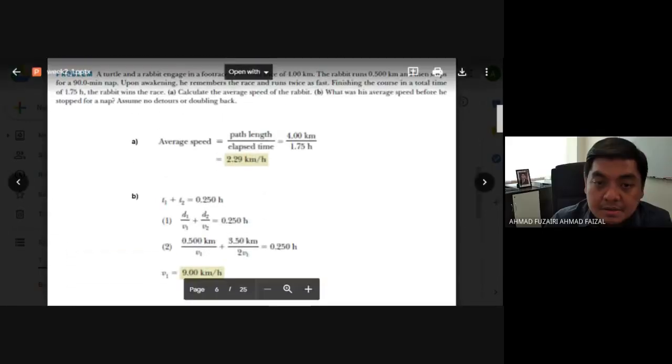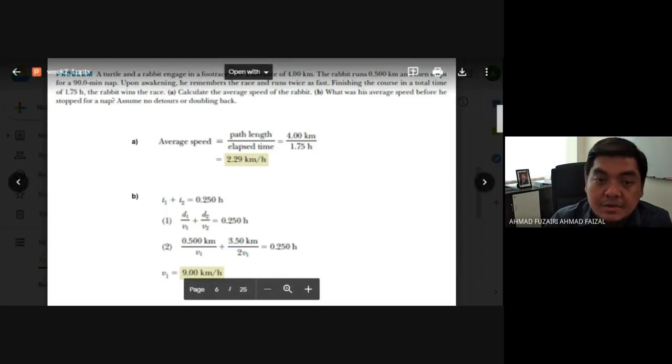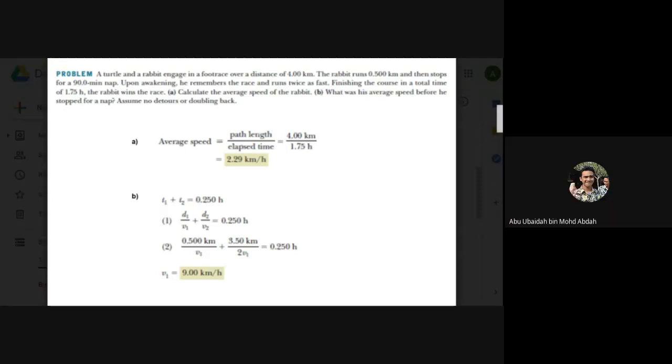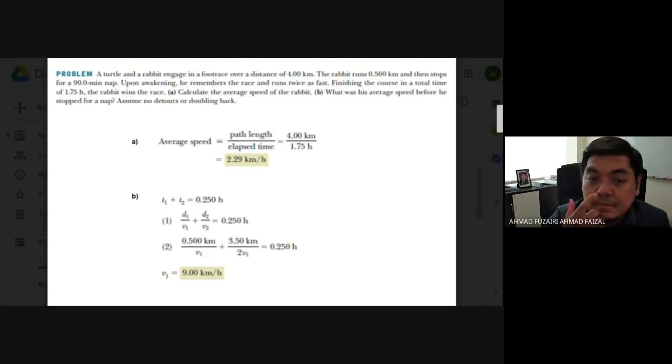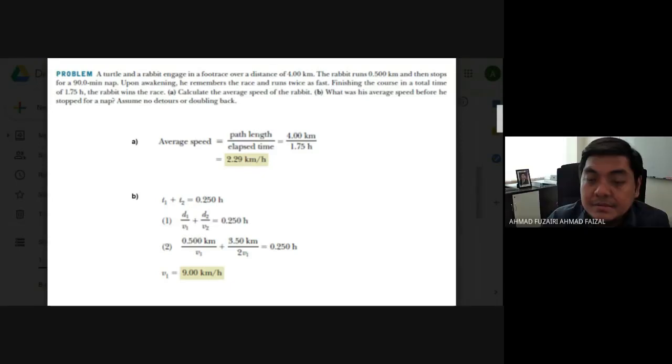Sir, problem kena tukar meter per second ke? Atau tak payah? Buat masa ni dia tak tukar lah. Dia just tunjukkan dalam kilometer per hour. Tapi kalau perlu tukar, kita convert lah. Kalau kita tukar pun betul.